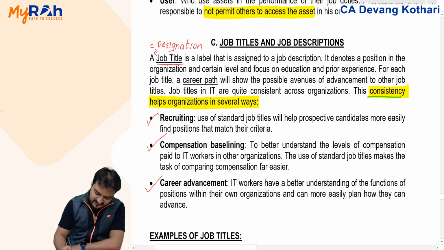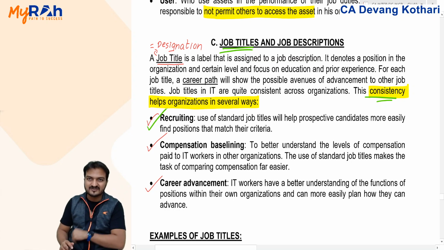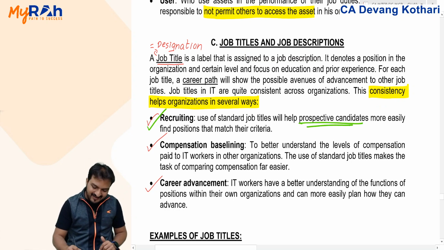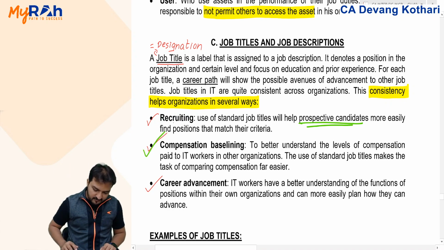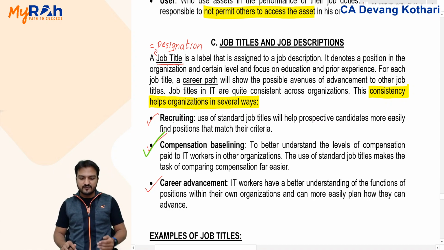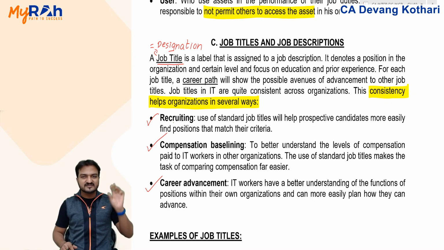So that consistency will help in the following ways. If the job titles are consistent, it will have these benefits. It will help in recruitment because prospective candidates can easily understand which position they are applying for. Compensation baselining: if the designations are consistent, then prospective employees can compare the salary of this designation in different companies.